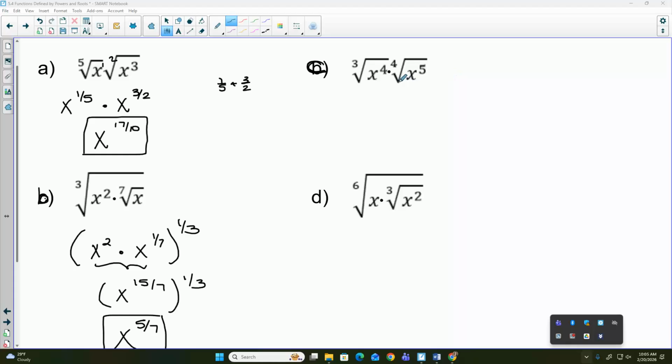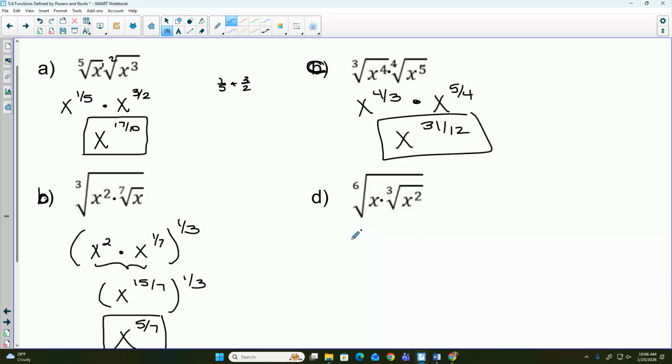So how do we rewrite the cube root of x to the 4th? Okay, and then the 4th root of x to the 5th would be x to the, so then if we're multiplying, we add the exponents, and we get good.